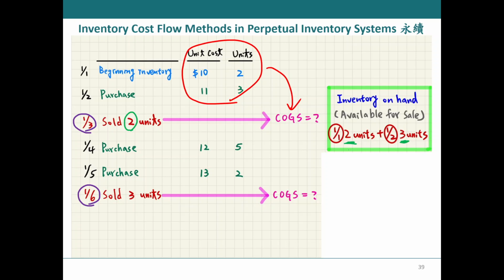So on January 3rd, I have 5 units, but I sold 2 units, so I still have 3 units left.